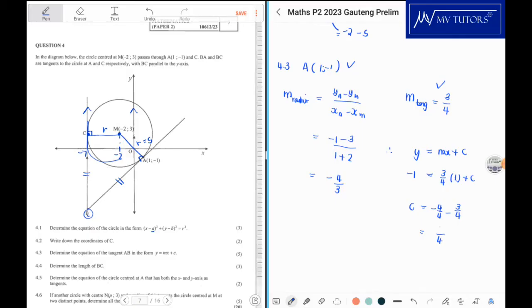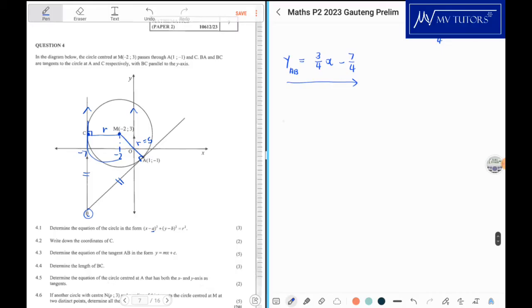So the equation of tangent AB is equal to 3/4 x minus 7/4.